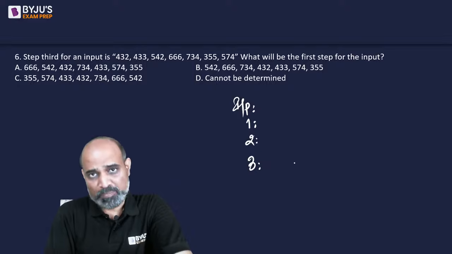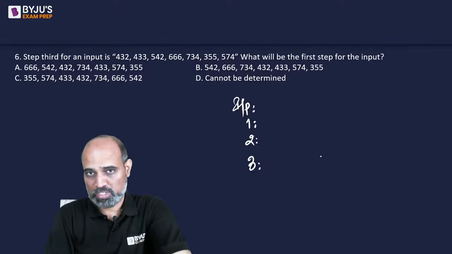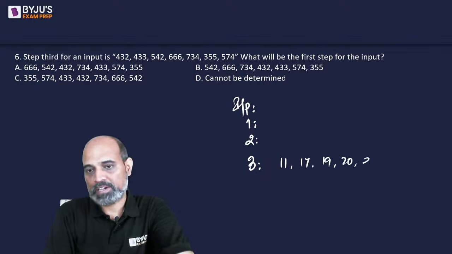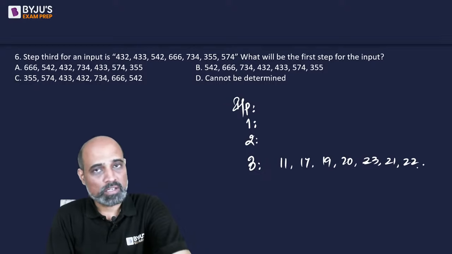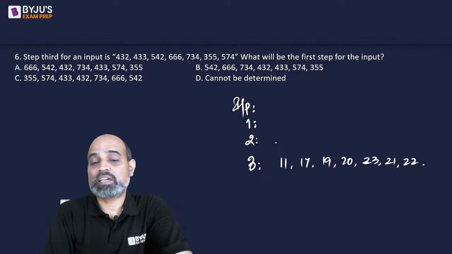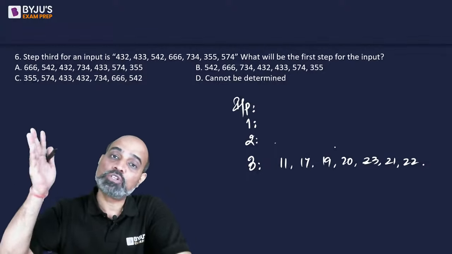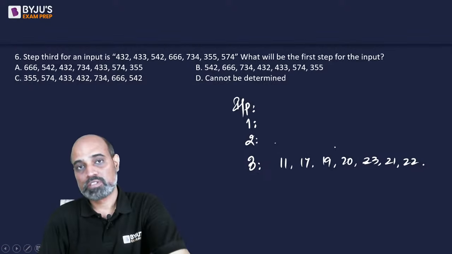Like in the third step, suppose, I'm not talking about this question, I'm talking about random numbers. Suppose I got 11, 17, 19, 20 and 23, 21, 22 or something like that. How do I know whether in the second step 20 was interchanged, or only 19 was interchanged and 20 was already at this position?